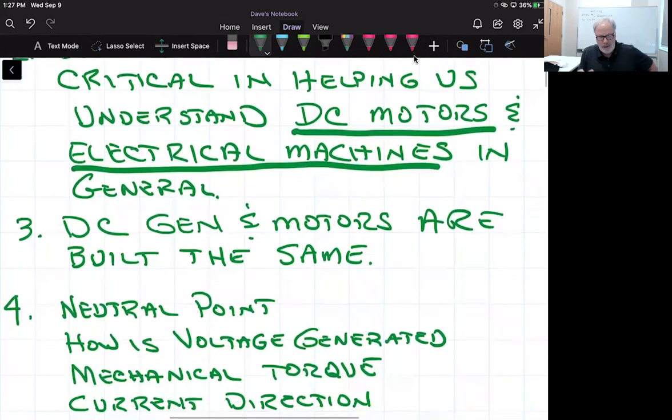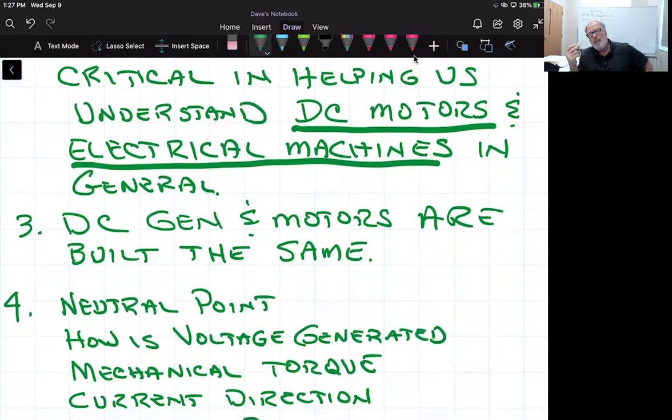One thing that you'll say first off is, okay, well, why start with DC generators? Why not start with DC motors? And the reason for that is the operation of the DC generator and understanding how it works is important. But the other thing is the DC generator and the DC motor are built the same way.